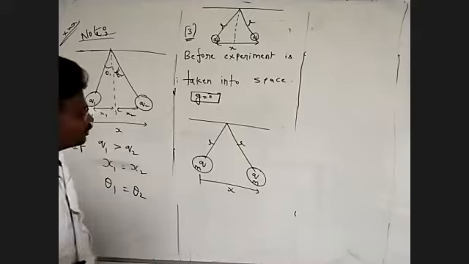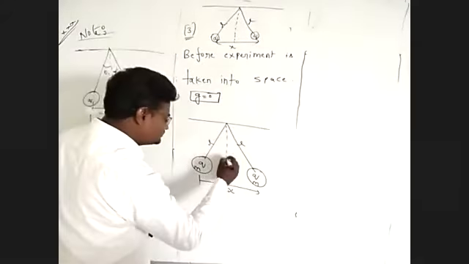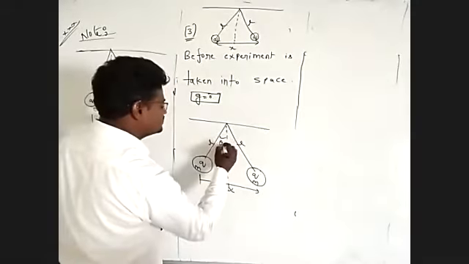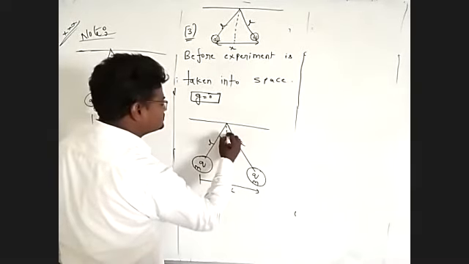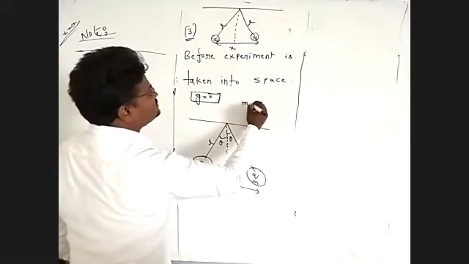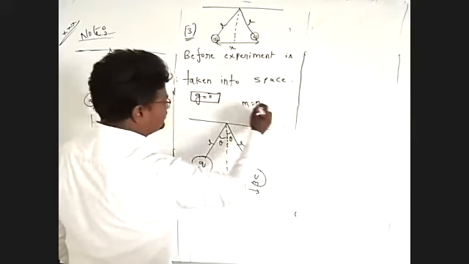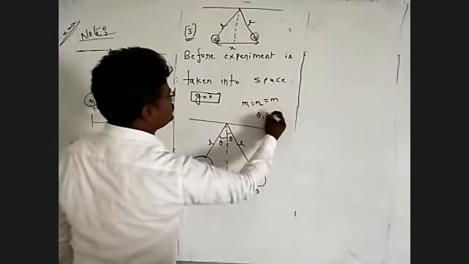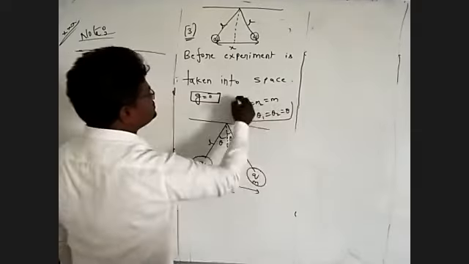Now this is angle theta, and this is also angle theta. Now, m1 is equal to m2 is equal to m, which means theta 1 is equal to theta 2. Keep this part in your mind.